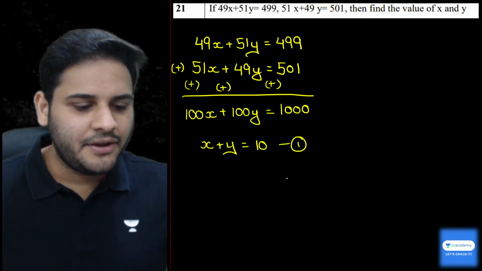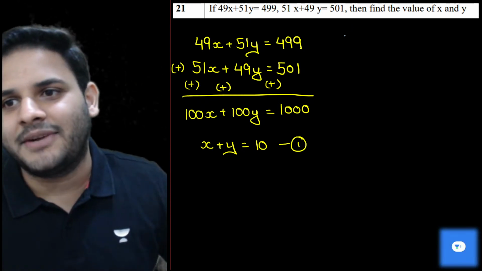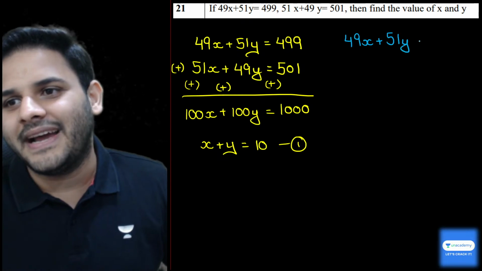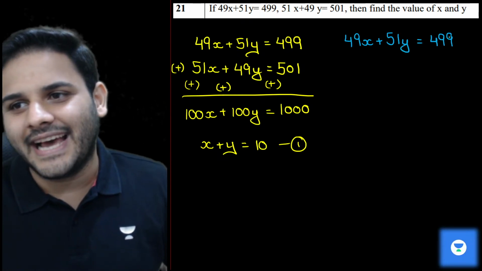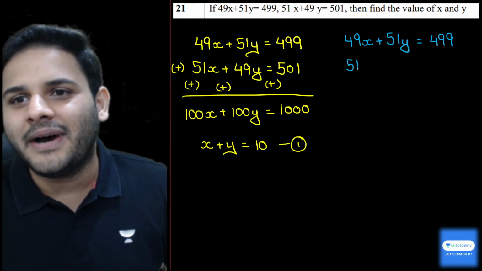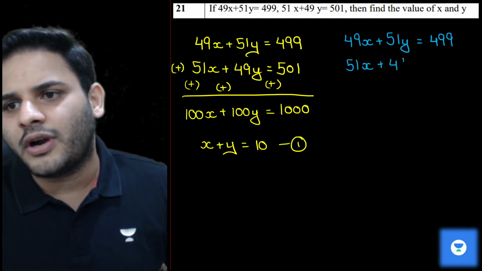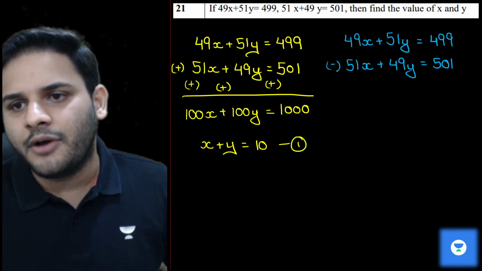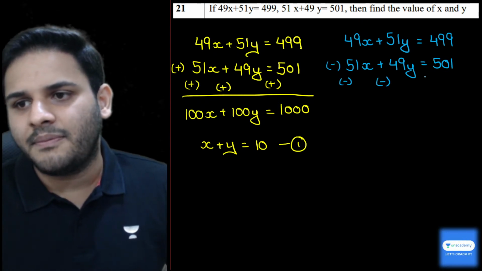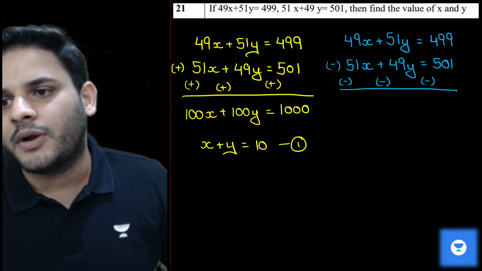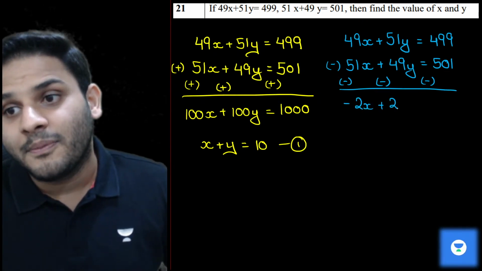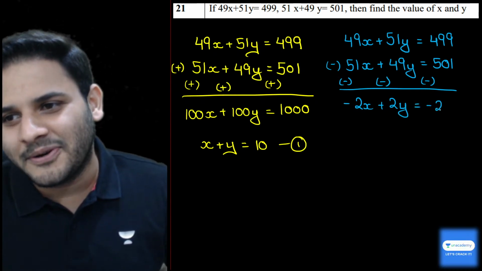The second step that you have to do here is subtract both the equations. So 49x plus 51y is equal to 499. 51x plus 49y is equal to 501. Now you have to subtract. So minus minus minus. What will you end up getting here? You will get minus 2x plus 2y is equal to minus 2.